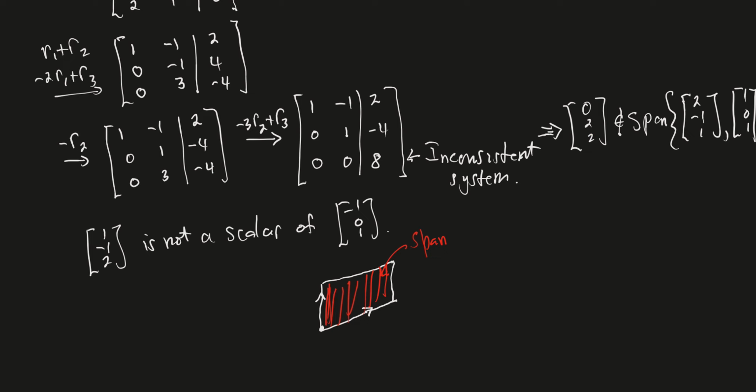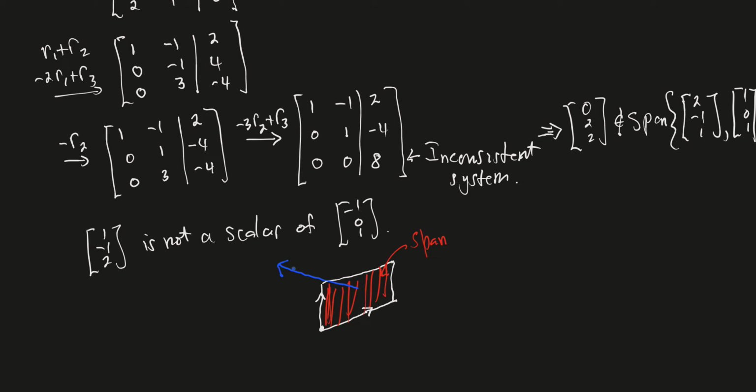Well, because I'm in 3 dimensions, there's another direction that the vector could be pointing in. So let's say I draw this vector with an initial point somewhere in the red, anywhere in the red, then this vector will not stay in the red. It's going to point somewhere else. So maybe it's pointing this way.